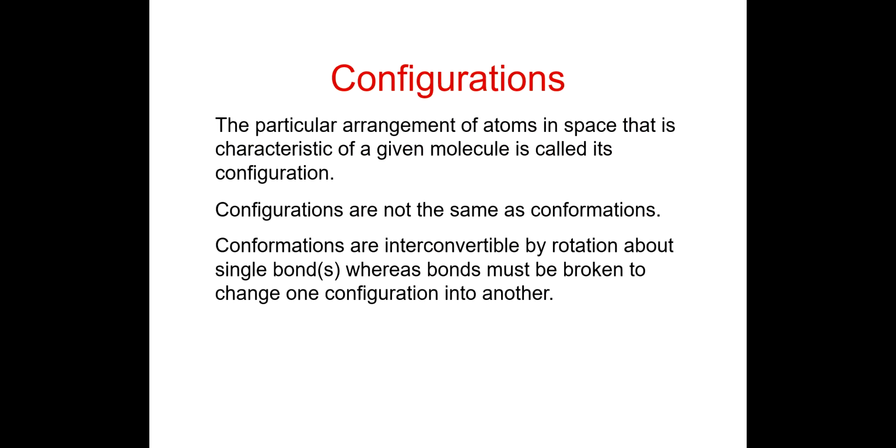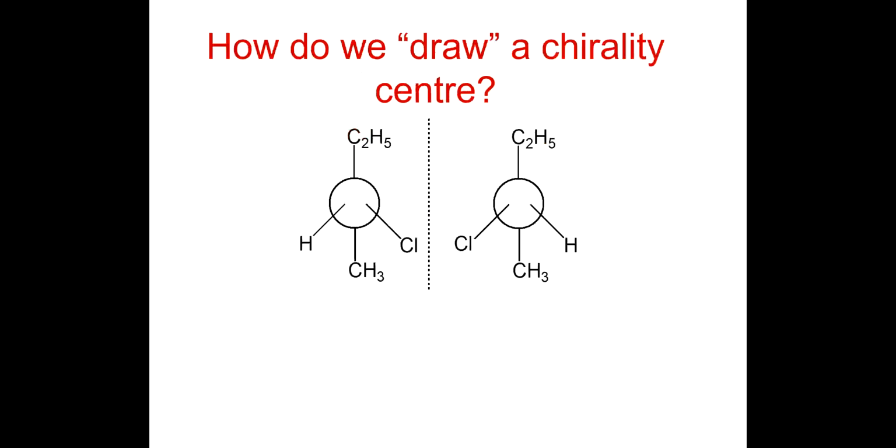The bonds are not broken when you change from boat conformation to chair conformation, for example. But for configuration, the bonds must be broken to change one configuration to another. Okay, so configuration and conformation are actually different concepts. Okay.